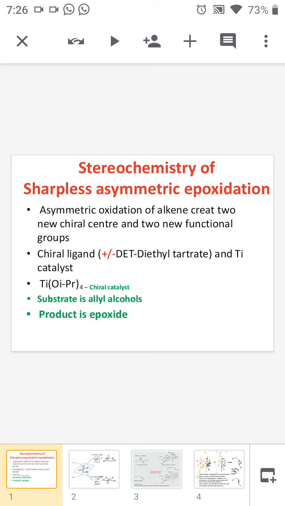So we will get the chiral catalyst as titanium isopropoxide, which is clubbed with the ligand as diethyl tartrate. So our starting material is allyl alcohol and the product is an epoxide, and this product epoxide will further undergo the reaction and we will get the alcohol.